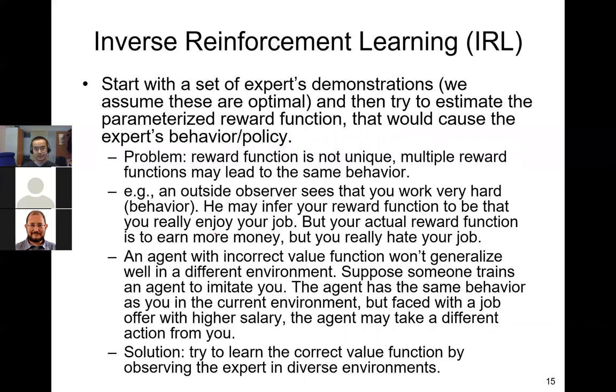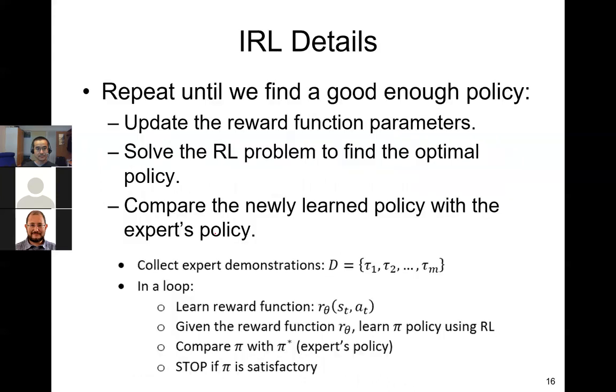So the general solution is to try to learn the correct value function by observing the expert in diverse environments. In this case, you offer the expert a higher salary, see how he responds, and learn from this behavior. So for IRL, the detail is to repeat until we find a good enough policy.